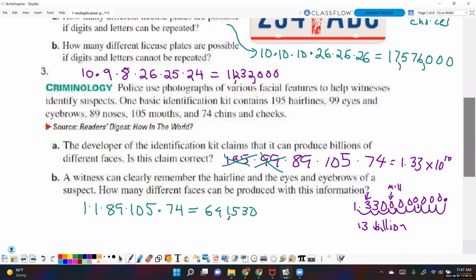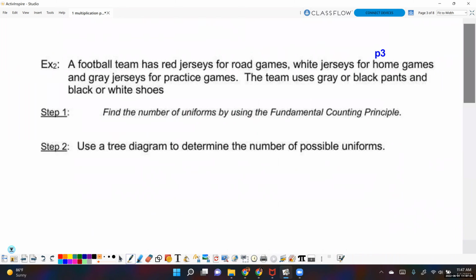So let's go back to some of the examples in the lesson. So everyone go ahead and turn to page 3. A football team has red jerseys for road games, white jerseys for home games, and gray jerseys for practice games. The team uses gray or black pants and black or white shoes. Step 1, find the number of uniforms by using the fundamental counting principle. So the first choice I have is jerseys.